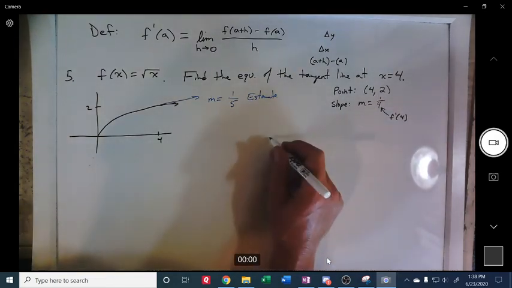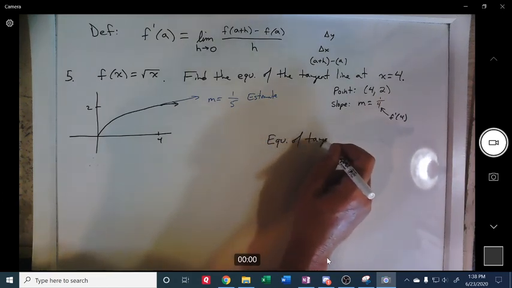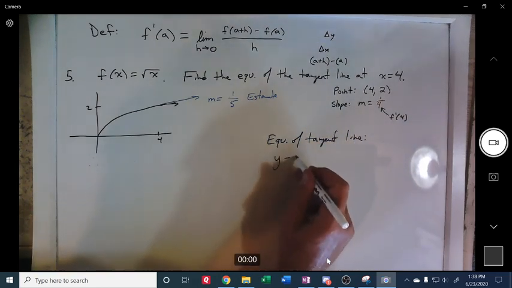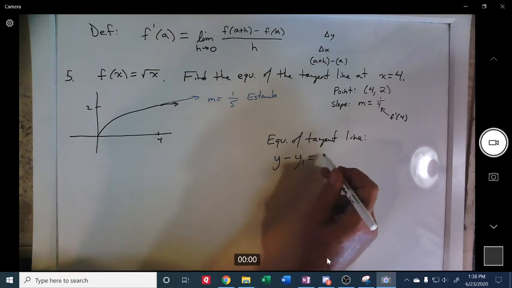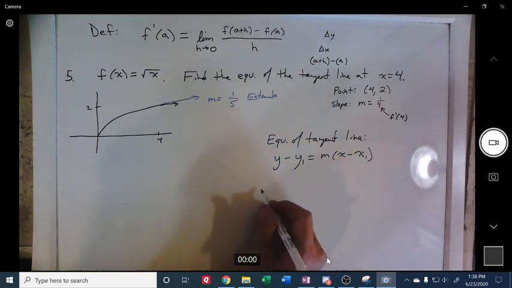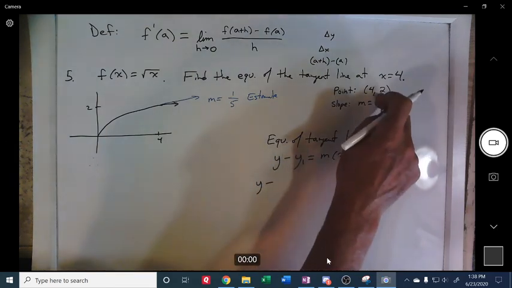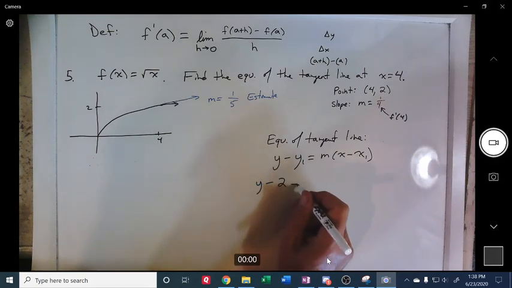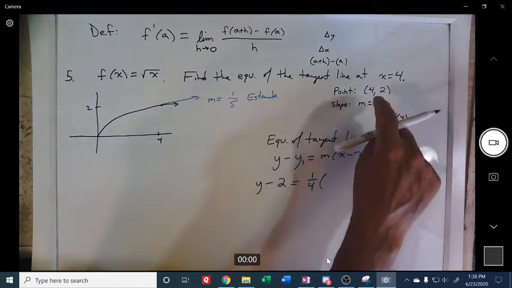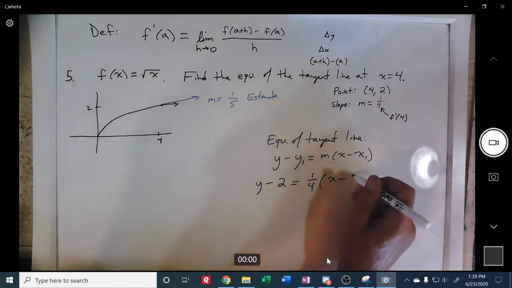The equation of the tangent line is going to come from the point slope formula. y minus y1 is m times x minus x1. y minus 2 is equal to m, 1/4, x minus the x1, which is 4.